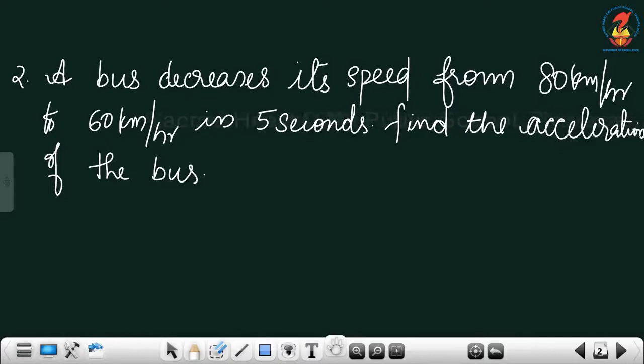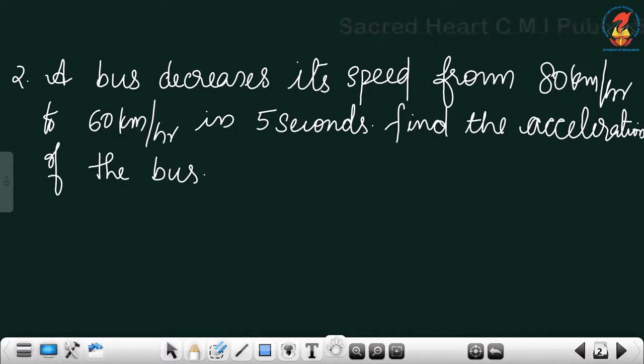Here a bus decreases its speed from 80 km per hour to 60 km per hour in 5 seconds. Decreases its speed from 80 km per hour to 60 km per hour. So this one is the initial velocity. This one is the final velocity.